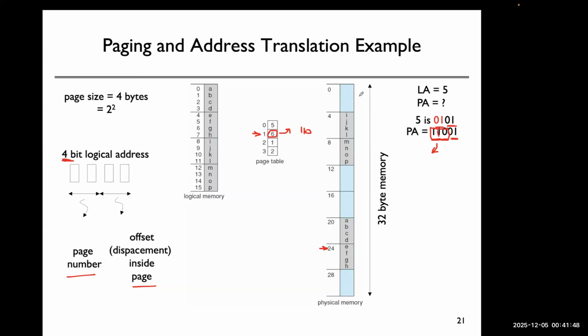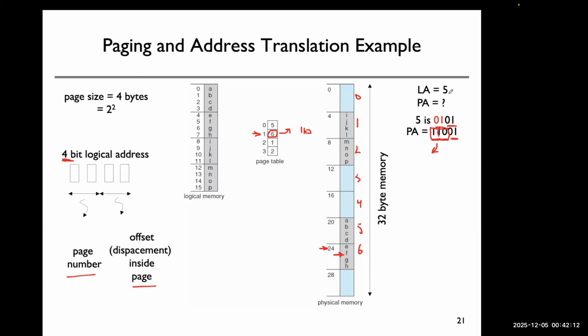Here you have frame 0, 1, 2, 3, 4, 5, and 6, right? So the frame number 6 and the offset is what? Offset is 1. So it points to F here, right?